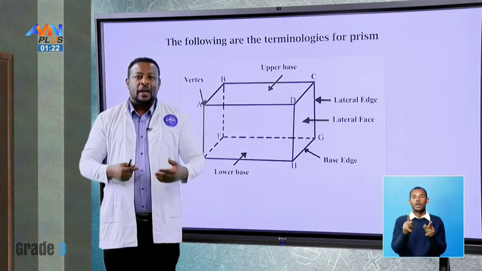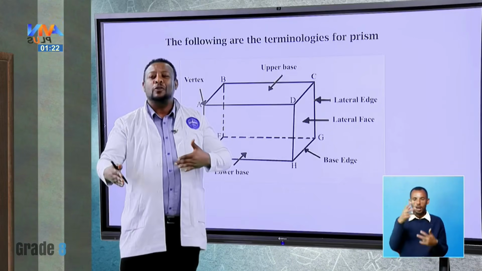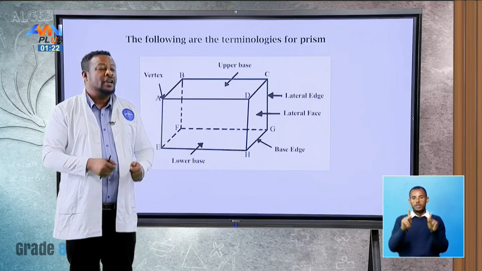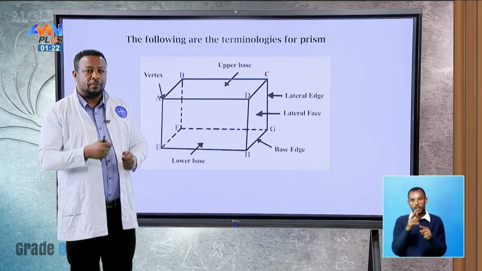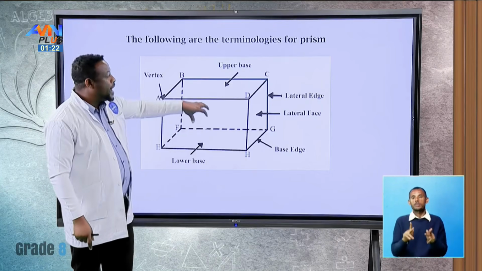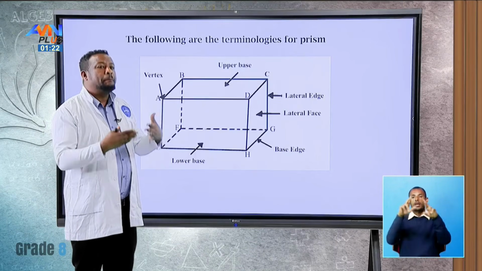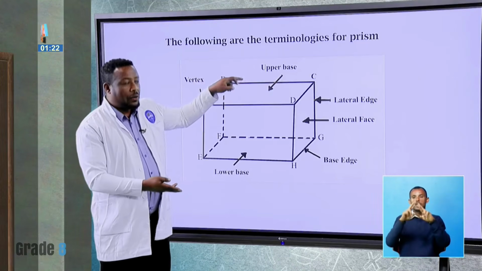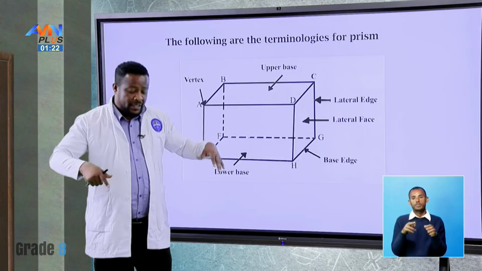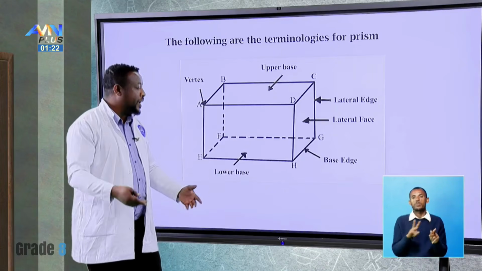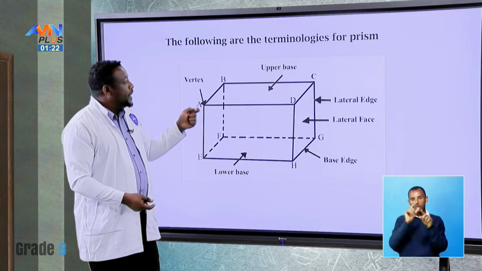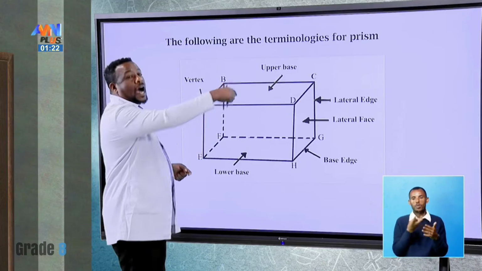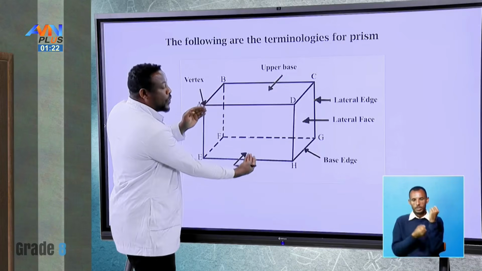Now we will look at some terminologies regarding a prism. These terminologies are the same for any kind of prism. For example, here we have a rectangular prism, meaning a prism having a rectangular base. In all prisms, we have terminologies like bases. In this solid figure, we have 2 bases, the upper base and the lower base.